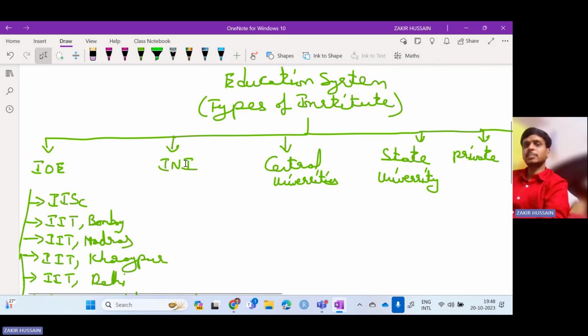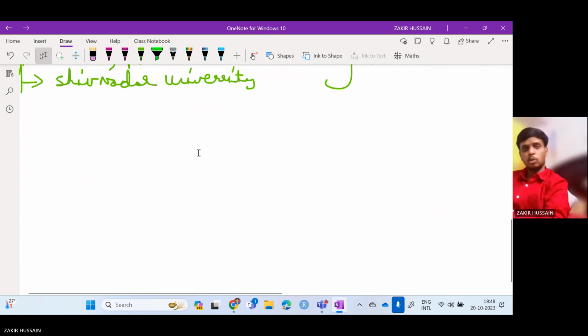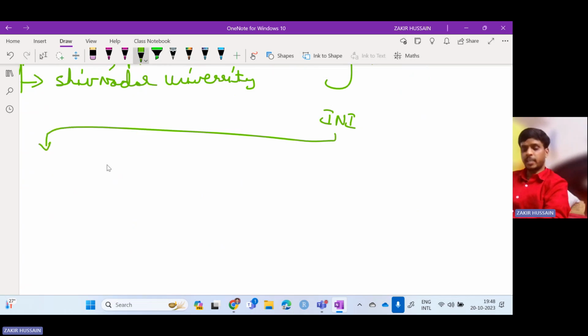And the next category is Institutes of National Importance. Among the Institutes of National Importance, we can broadly classify eight different categories. The first category is Engineering and Technology. Among engineering and technology, we have the most popular institutes like the Indian Institutes of Technology, IITs.